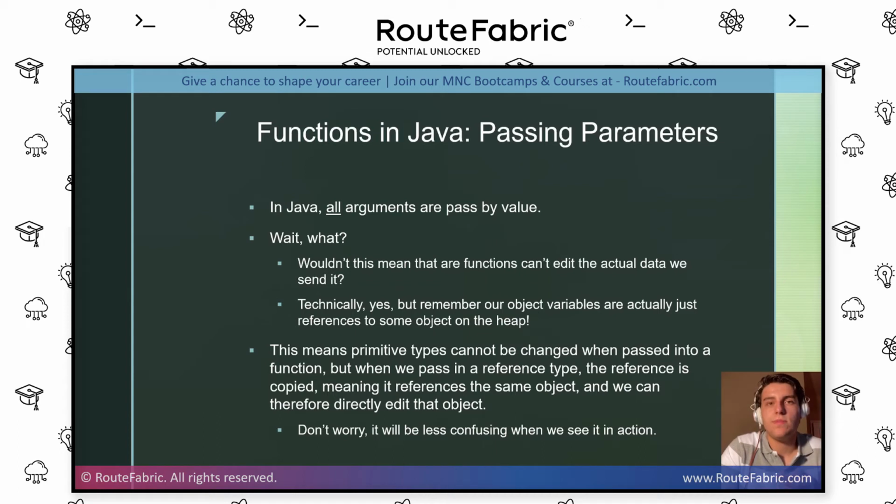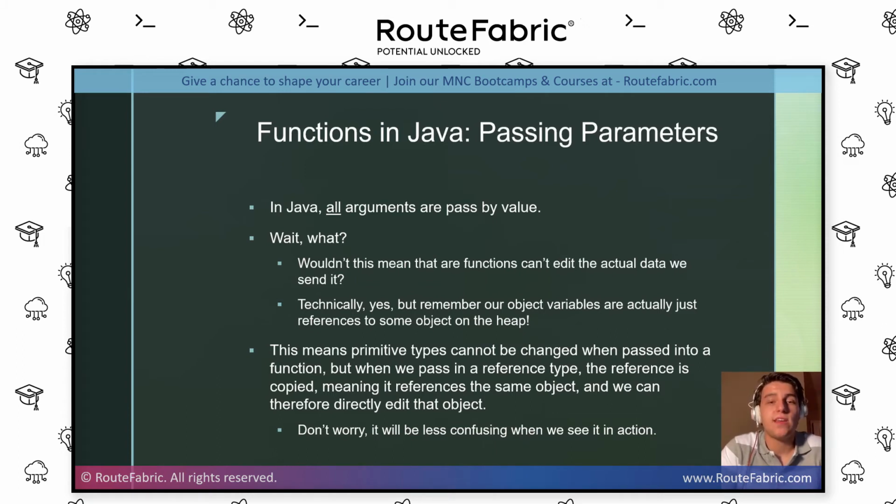What this means is that primitive types cannot be changed when passed into a function, because whenever we pass in a primitive type, it's always passed by value, and so we can't change the actual memory itself.